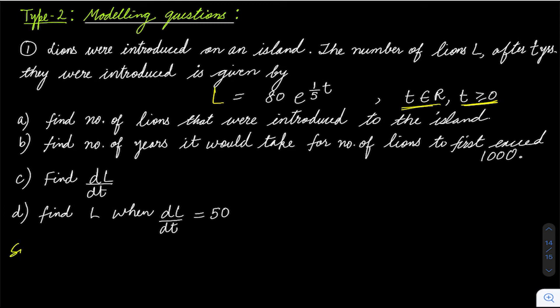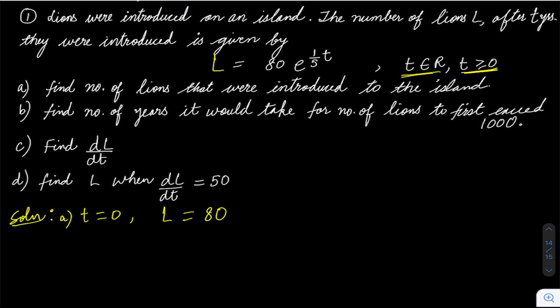So first thing that we will do: number of lions that were introduced means time t equals 0 we are talking about. So at time t equals 0, what's the value of L? L is equal to 80 times e power 0, that is 1. So this will become 80. So that is my answer.